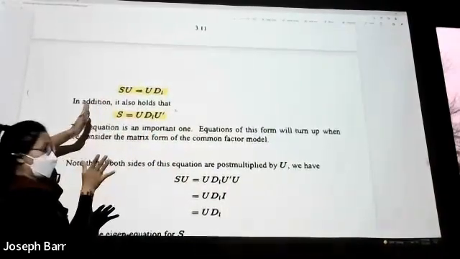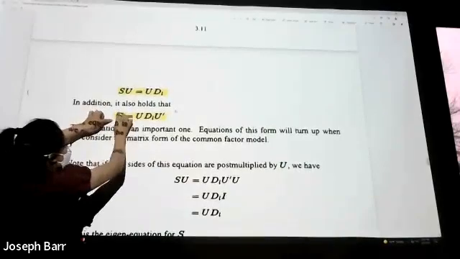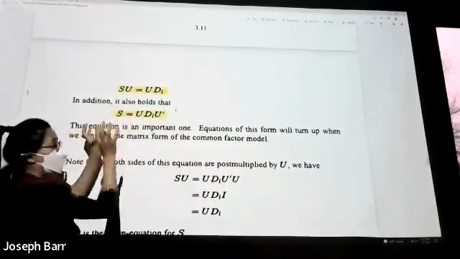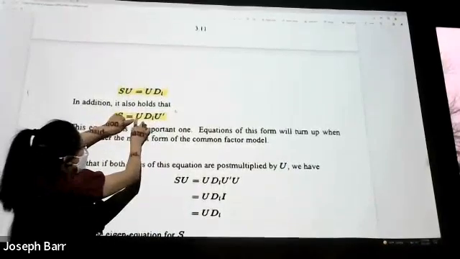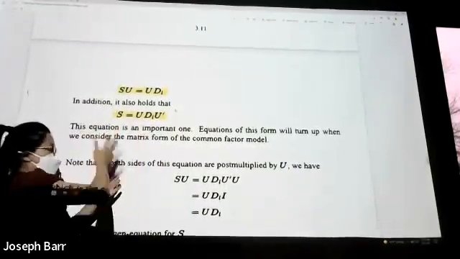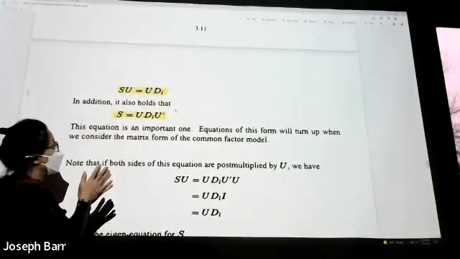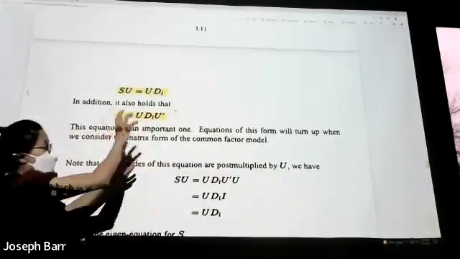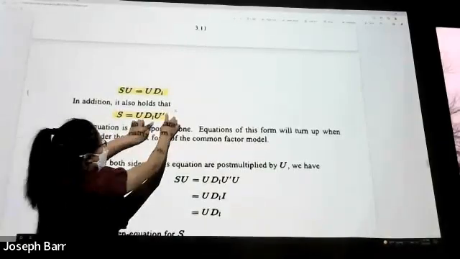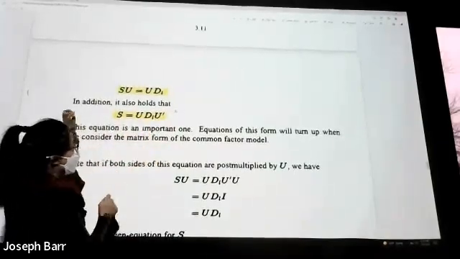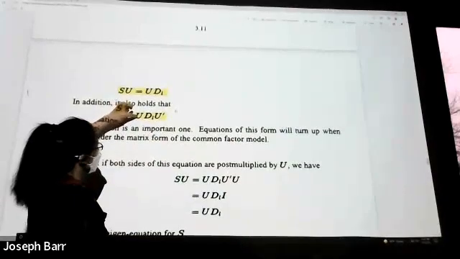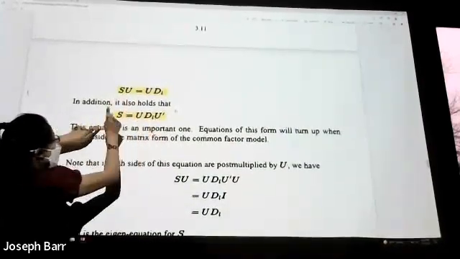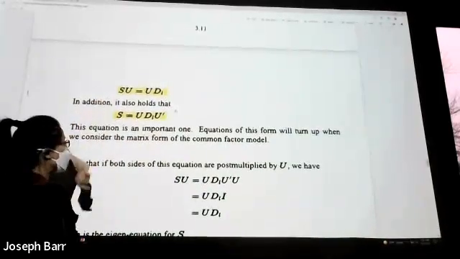S is symmetric. So any symmetric matrix can be decomposed into these three parts. U is the matrix containing all of the eigenvectors, D is a matrix containing all these eigenvalues, and then the transpose of U. So if you have the eigenvectors and eigenvalues, you can use this form to replace the original symmetric matrix.